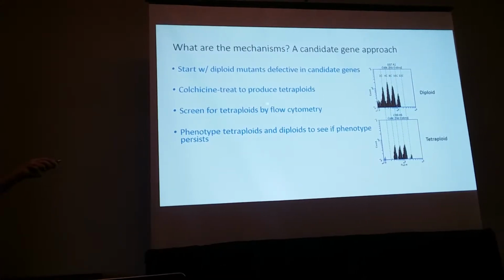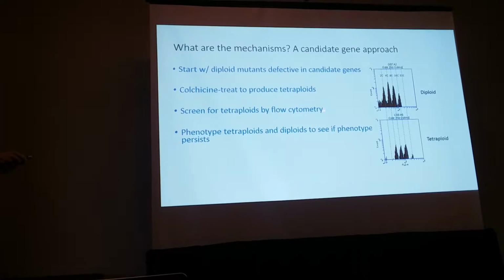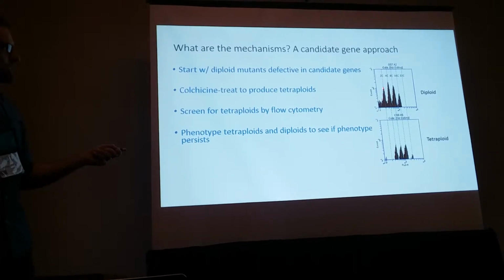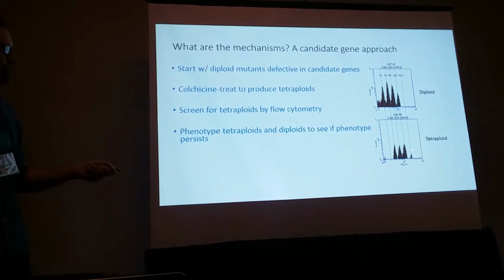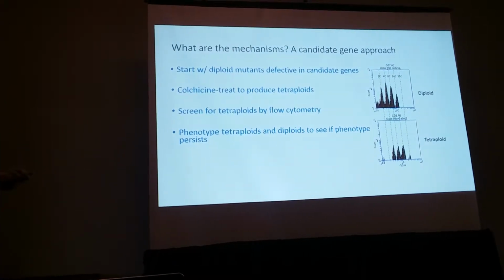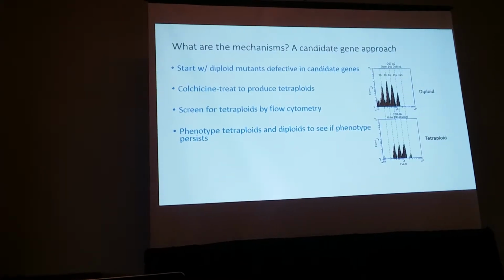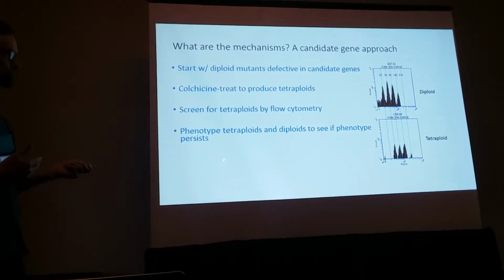We can screen for tetraploids using flow cytometry, where we just identify polyploids based on the absence of a diploid peak in the corresponding flow histogram. And then once we have the polyploids, we simply phenotype the tetraploids and compare them to the diploids to see if this enhanced salt tolerance phenotype persists in this mutant background.